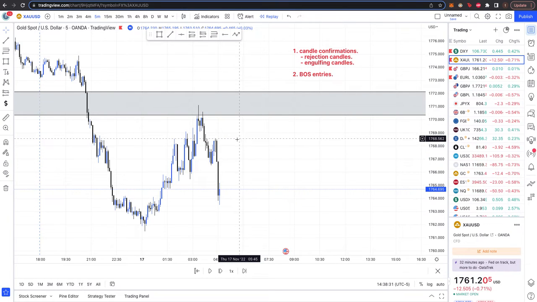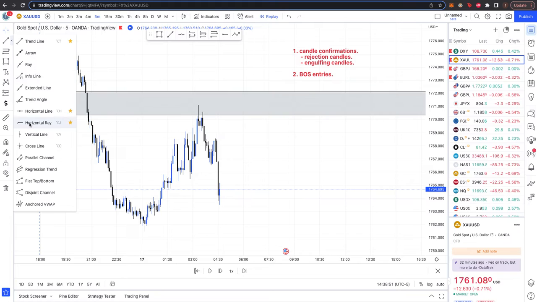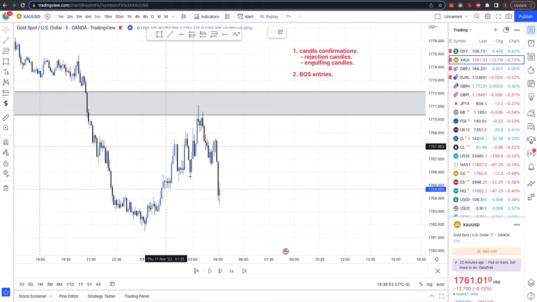Now, what I optimize to use is break of structure entries. As we can see, price came into the level, reacted away, came down. Some people might view this low as a break of structure. I personally don't. I wait for more important structural levels to be broken. So really where I was paying attention was this level right here.